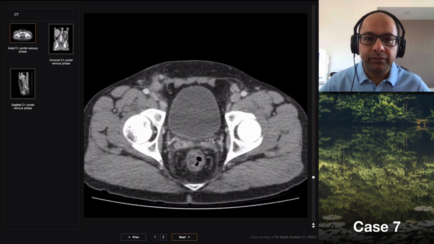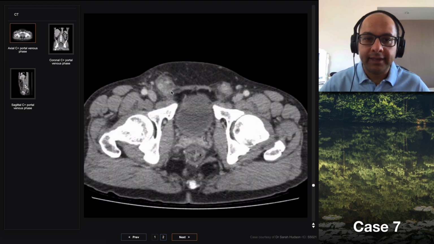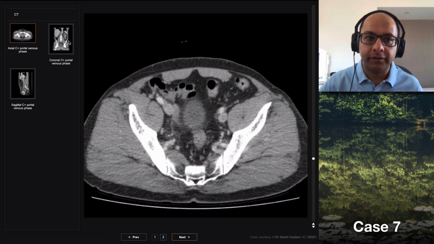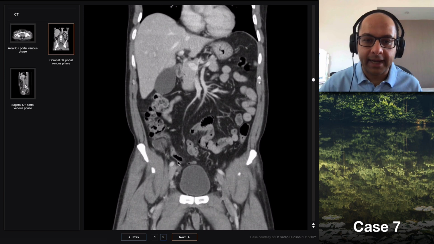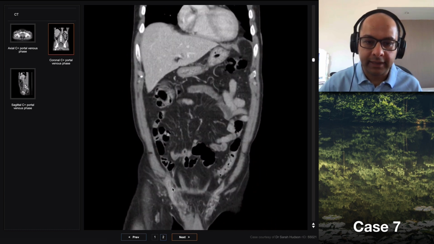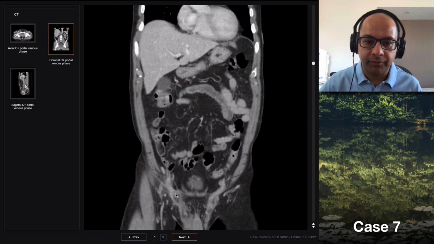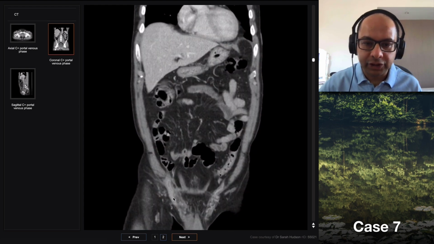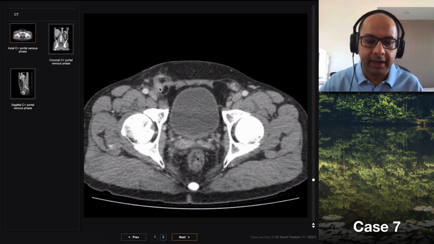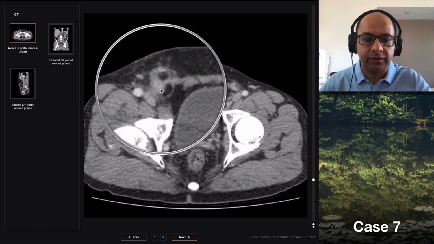But there's no tubular structure within this one, similar to the other one, that we follow back to the bowel. So there's no appendix that we can follow from here down into the inguinal canal. There is a tubular structure here, but that's not the appendix itself. This thing here at the tip of the arrow is not the appendix.